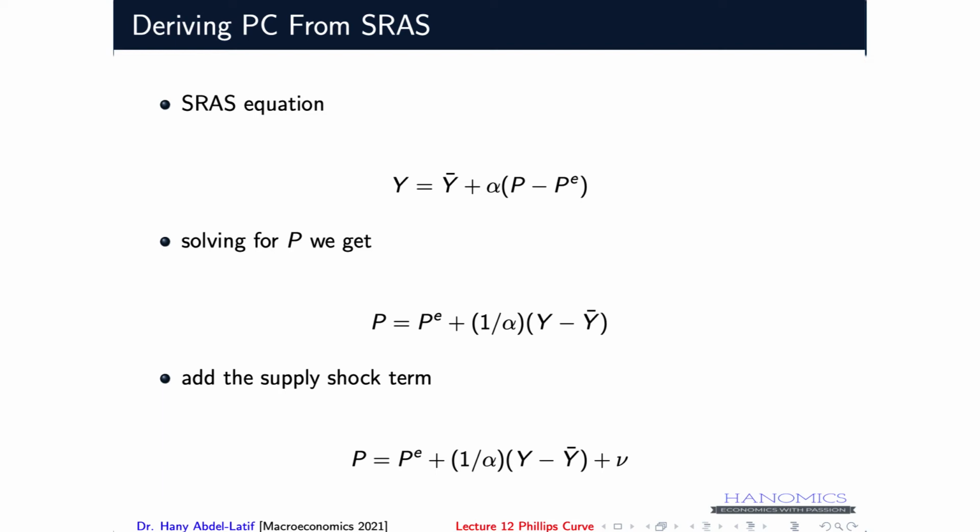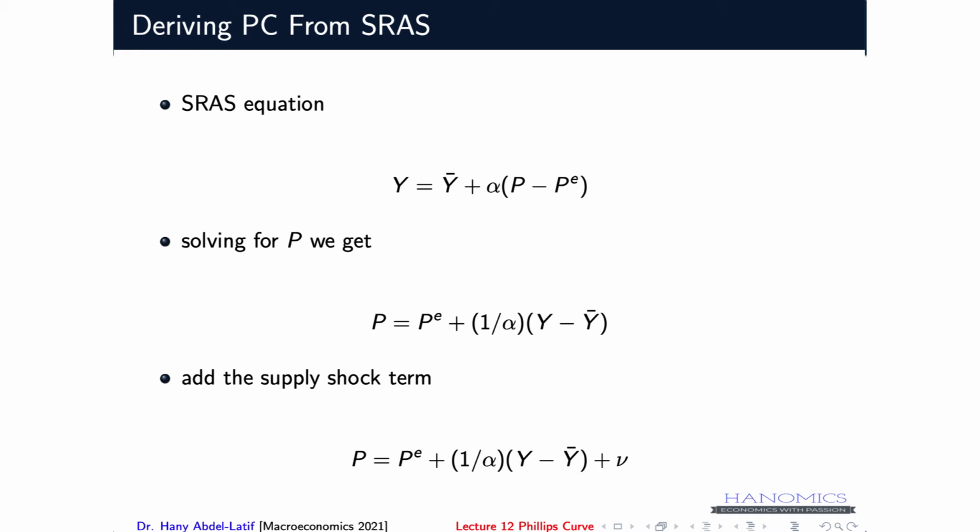So if the actual output was above Y bar, or the full employment output level, that means we have an inflationary gap. That means there is higher demand, which will put upward pressure on prices, and that will push prices up.